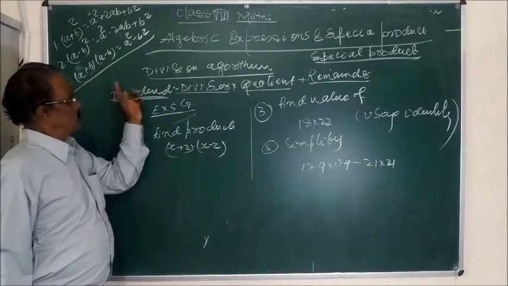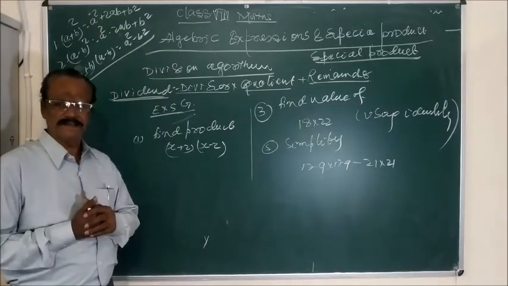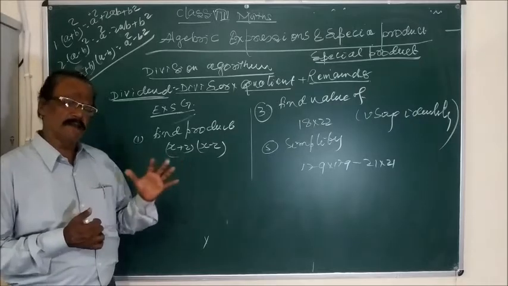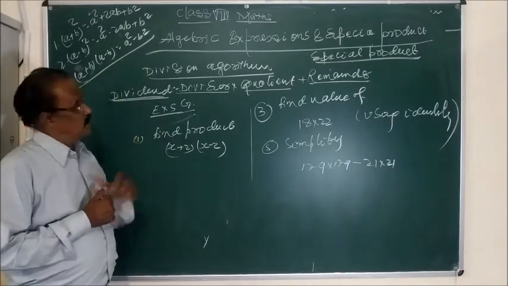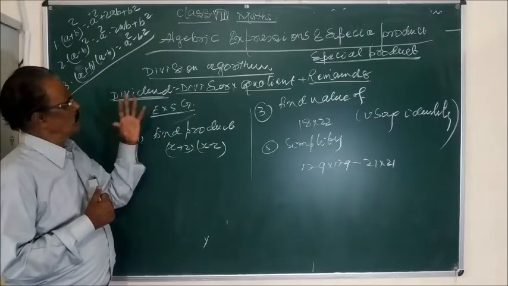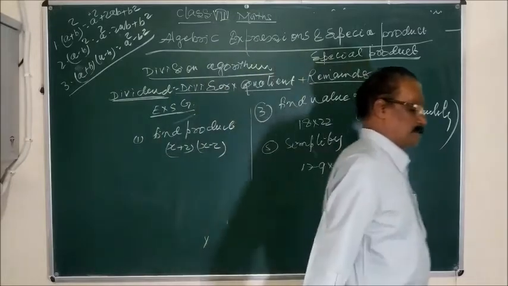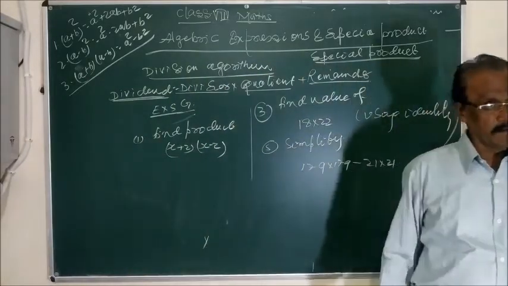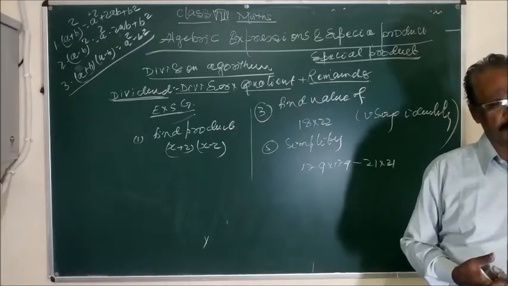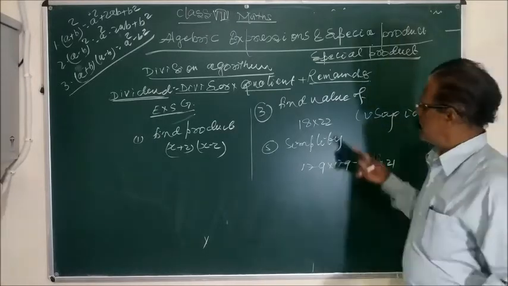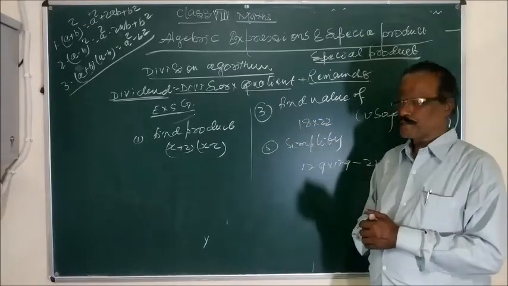these identities. And this is a division algorithm. Algorithm is a step-by-step process which is used to solve another problem. That is the meaning of algorithm. Division algorithm you might have learned in class 5 or 6. How will you divide a number by another number, and how can you check: dividend is equal to divisor into quotient plus remainder? That is called division algorithm.